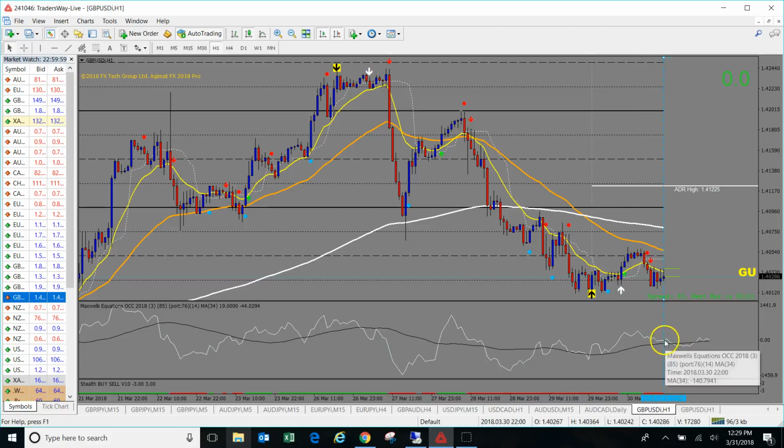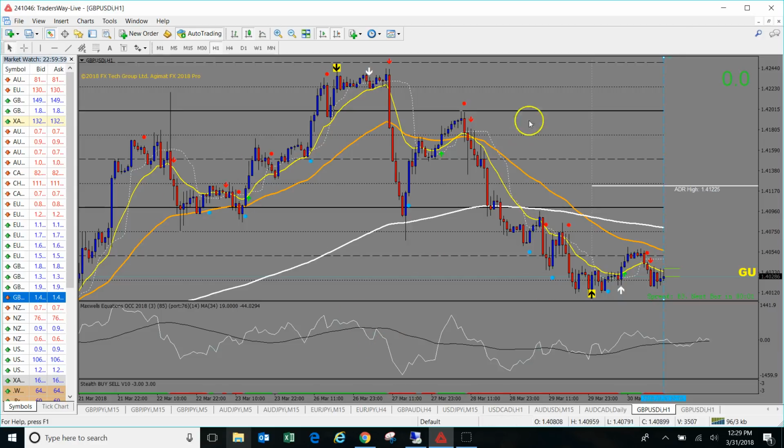So you can draw the vertical line at the current candle, current price, and then you can get an idea of what the market, what price is going to do. So that's probably the main feature of the Maxwell equation that I like.